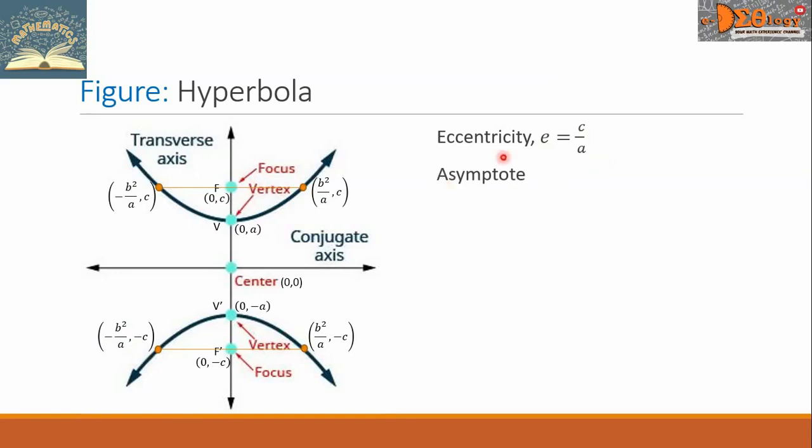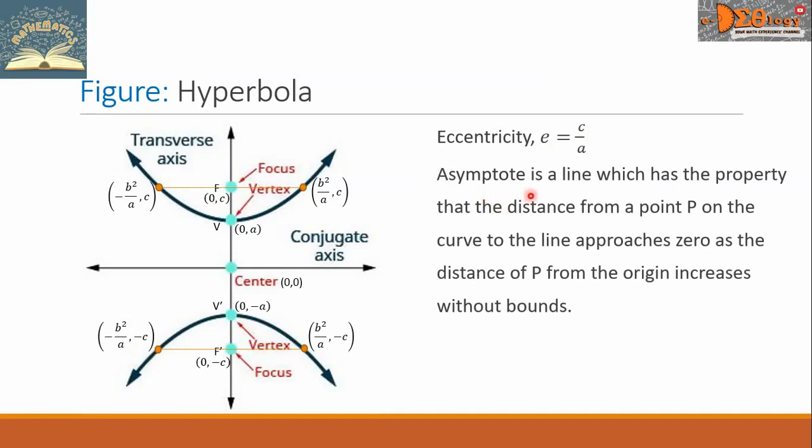Now we have the asymptote. An asymptote is a line which has the property that the distance from a point P on the curve to the line approaches zero as the distance of P from the origin increases without bounds.